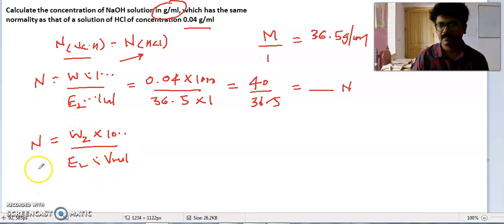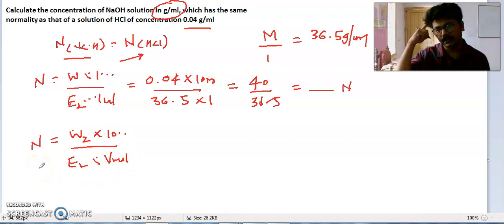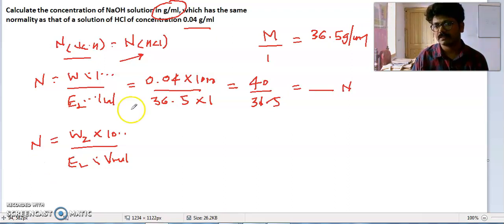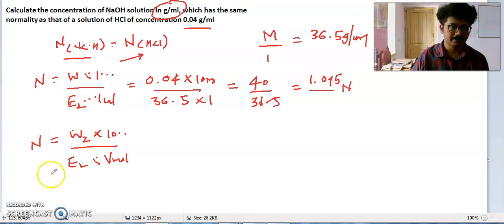The normality for this solution is 1.095. I'm not calculating right now, I've directly written the answer. 1.095 is the normality from the first step, and that will be the normality of NaOH.